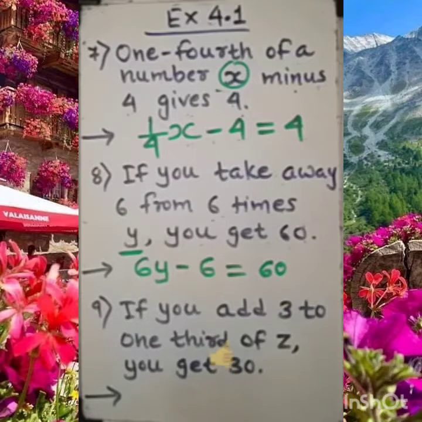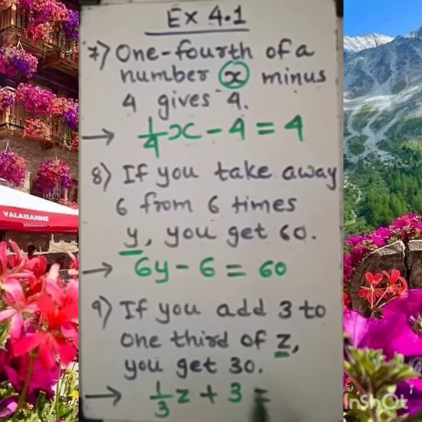Clear to you? Now next is, if you add 3 to 1/3 of z, the variable is z here, you get 30. 1/3 of z means 1 by 3 z, and you add 3. So plus 3.